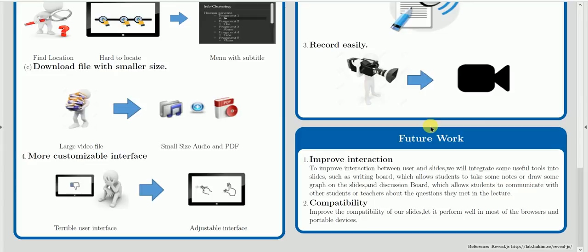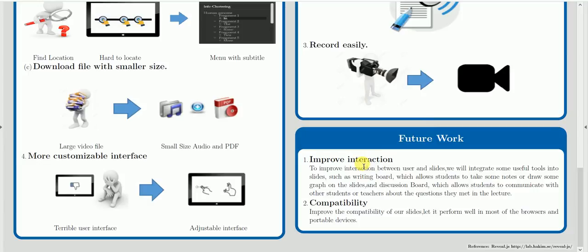These are what we have done in this stage. In the future, I think we will add more features into our slides to make it better. First of all, we will take interaction into consideration, because interaction is a really important factor to improve the teaching performance.